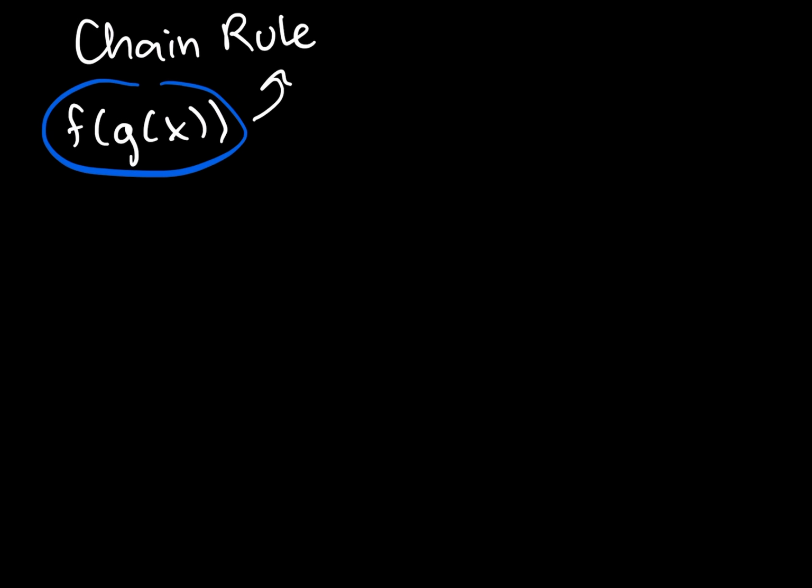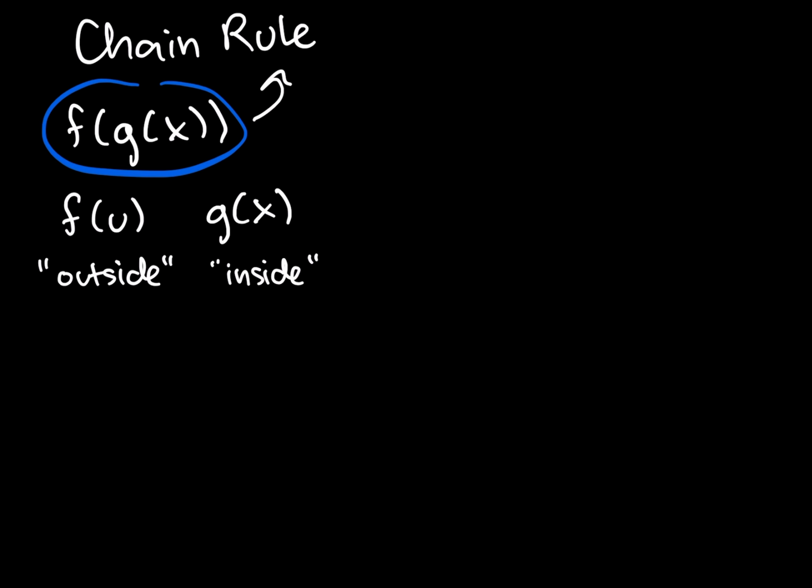Moving on. I apologize. This rule works by taking f of g of x and denoting f of u and g of x from the original function, where f of u is like the outside part of the function and g of x is the inside part of the function.